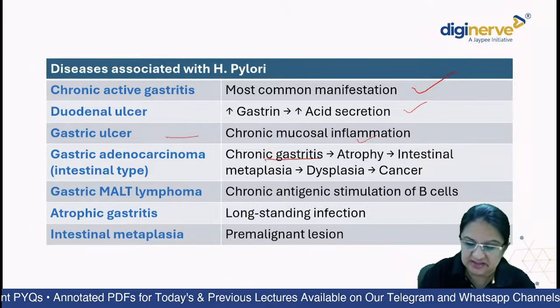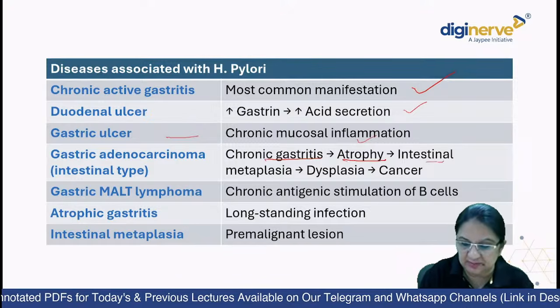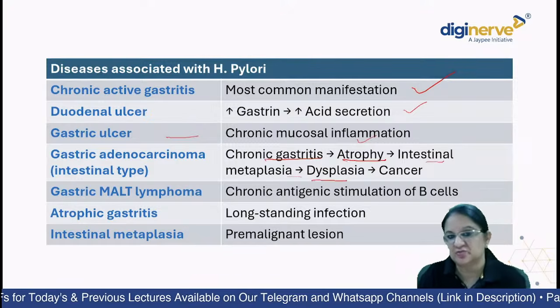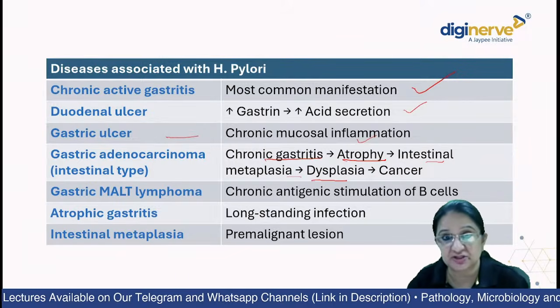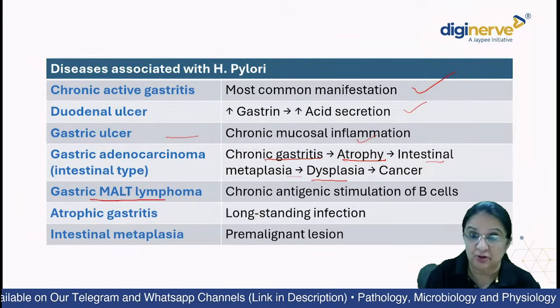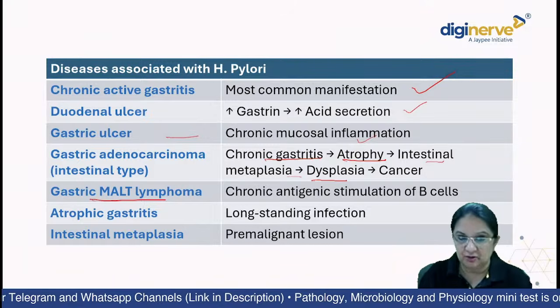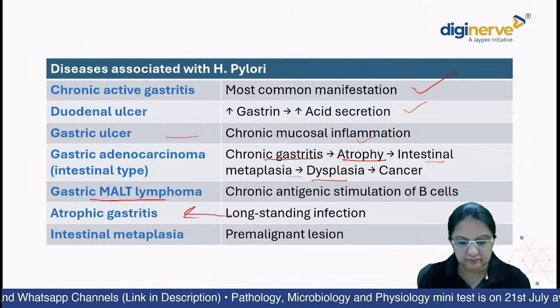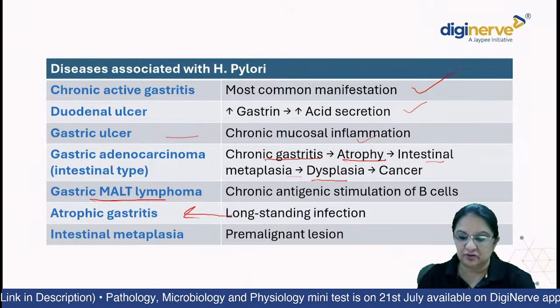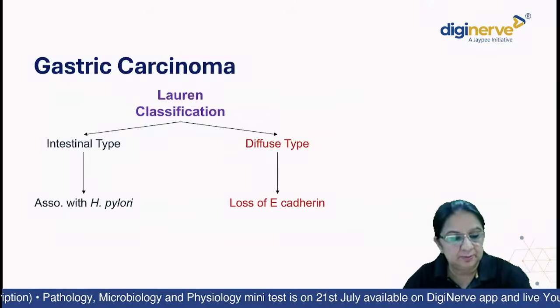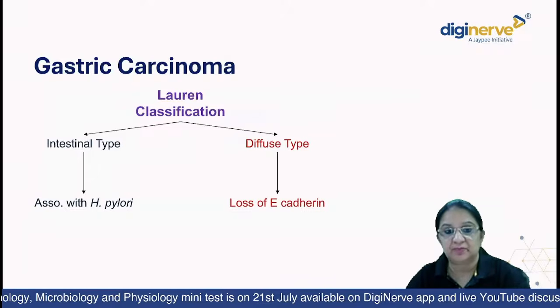Chronic gastritis can lead to atrophy, to intestinal metaplasia, in fact dysplasia, and then cancer. Chronic antigenic B-cell stimulation can lead to gastric MALT lymphoma. Long-standing infection, atrophic gastritis, and intestinal metaplasia. Of course, it's a pre-malignant lesion, right?